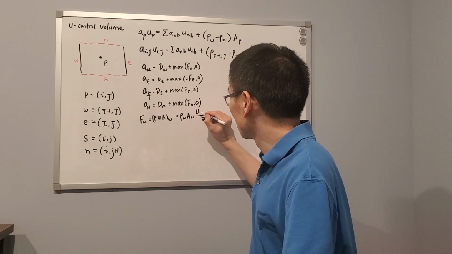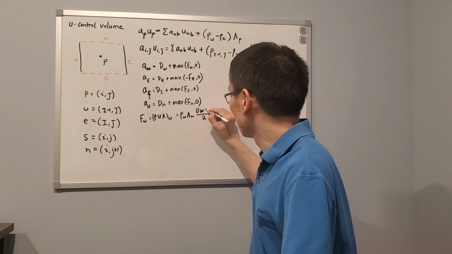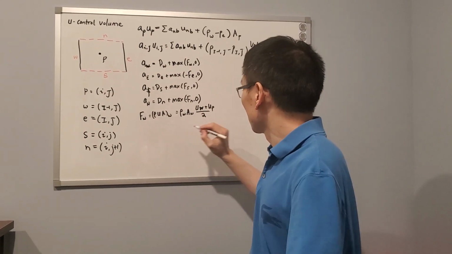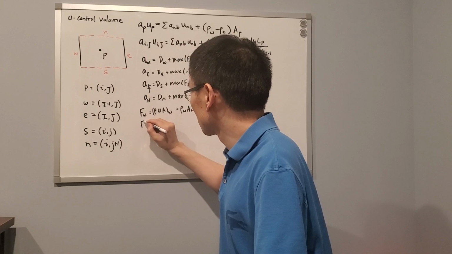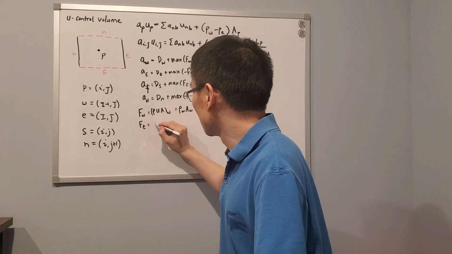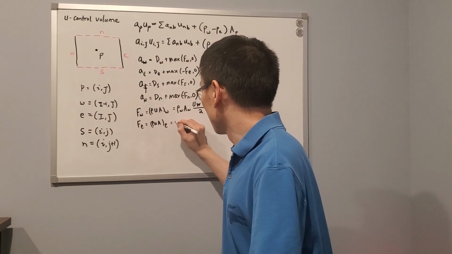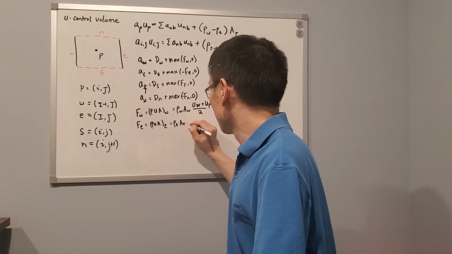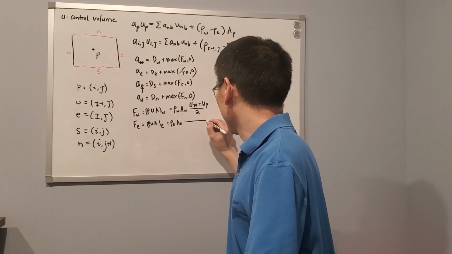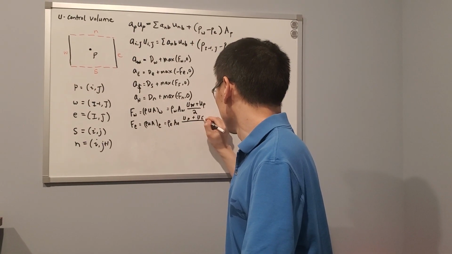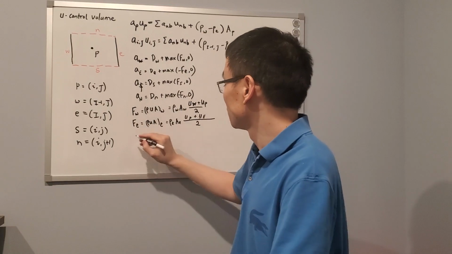That is UW plus UP divided by 2. Similarly, FE is rho U A E, that will be rho UE A E, and do an average again. So UP plus UE divided by 2.